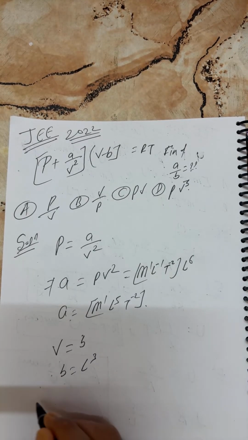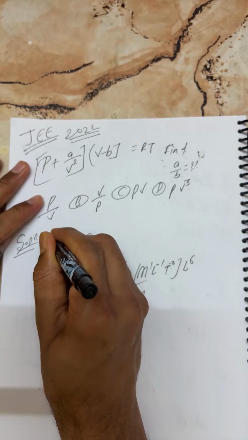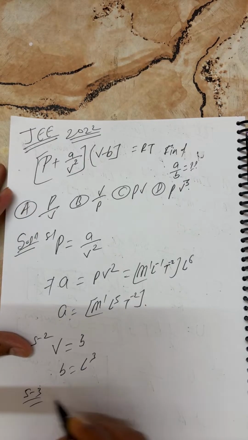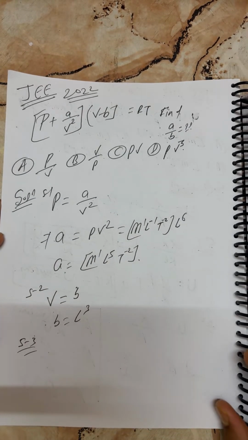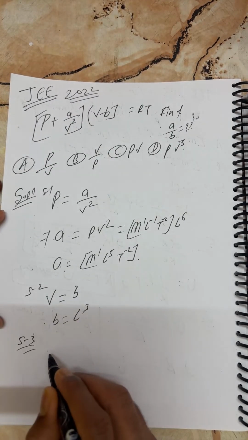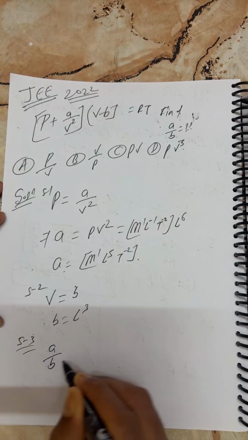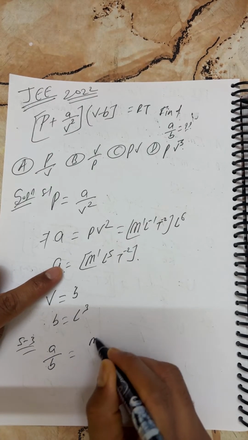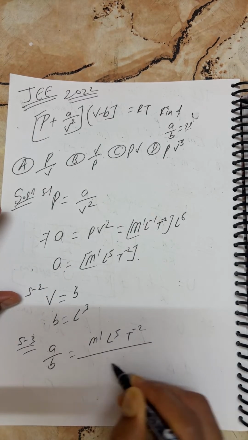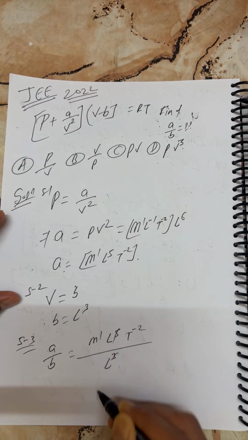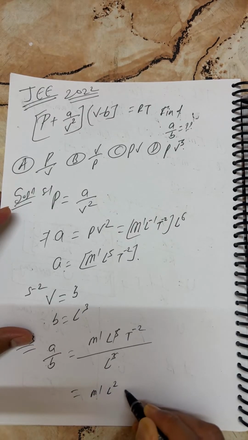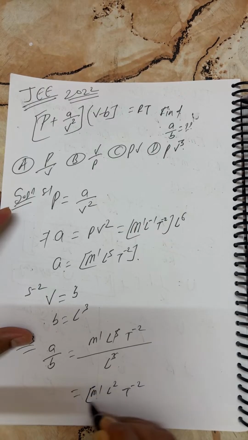We have to find A by B. I'll go step by step, because this is required for new students who watch the video. Step 3: A by B. A is M1 L5 T minus 2, and B is L cubed, so A by B is M1 L2 T to the power minus 2.